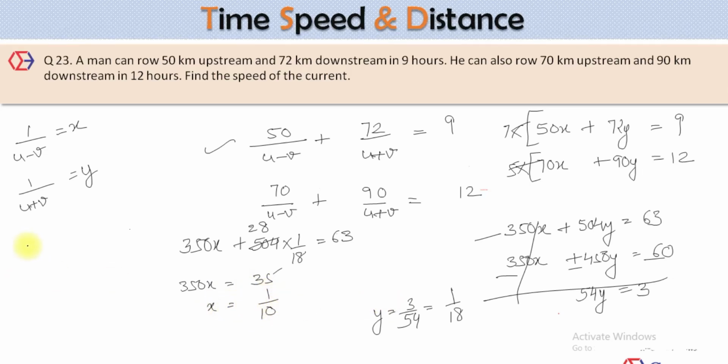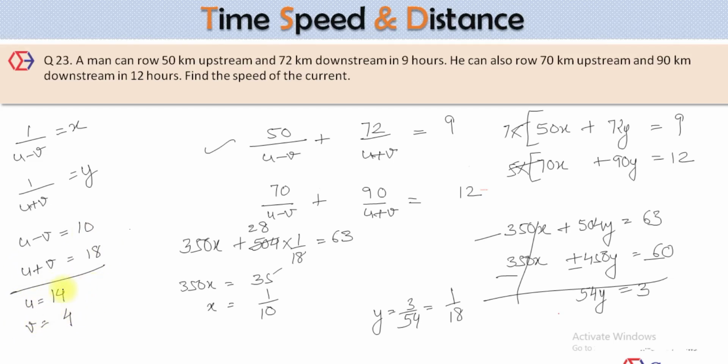What was x? 1 upon u minus v. So u minus v will become 10 and u plus v will become 18. When you add these two equations, you will get the value of u, that is 14. And what is the value of v? You will get v equal to 4 here.